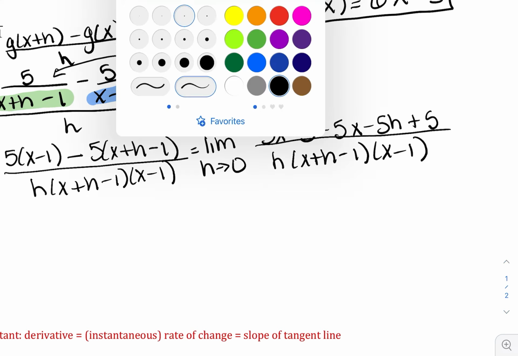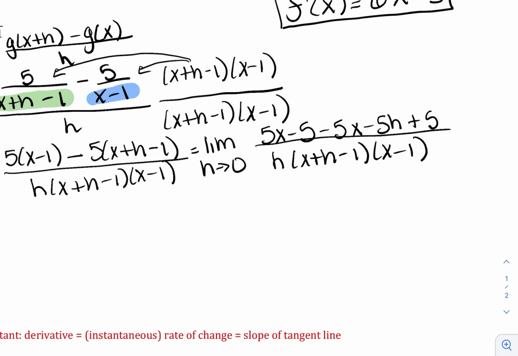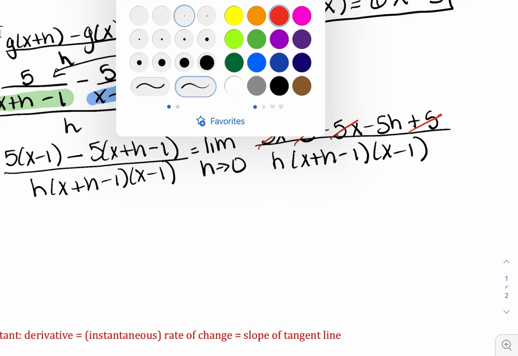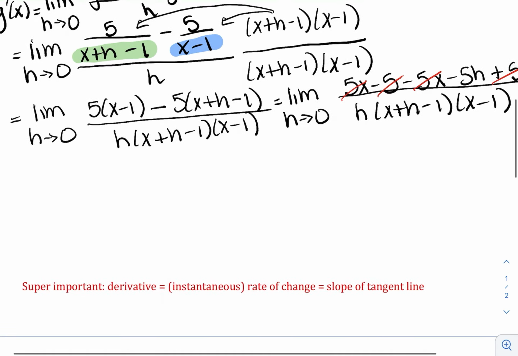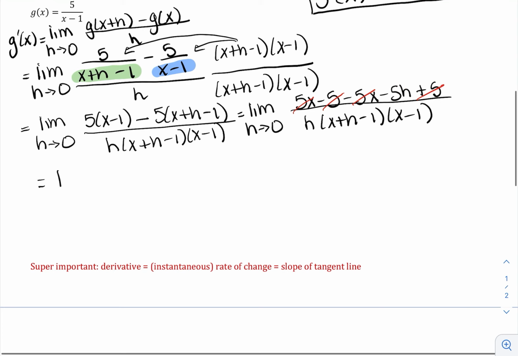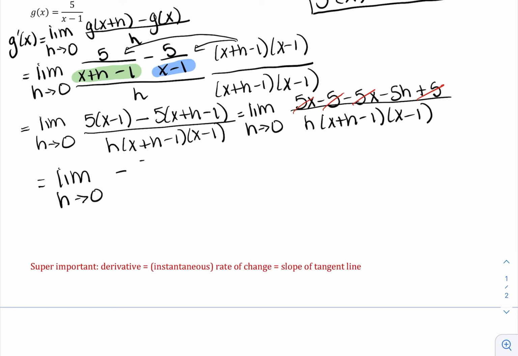And here comes the magic. So the positive 5x and the negative 5x cancel, and the negative 5 and the positive 5 cancel. So I actually only have one term left there. It's going to give me the limit as h goes to 0 of negative 5h over h times x plus h minus 1 times x minus 1.